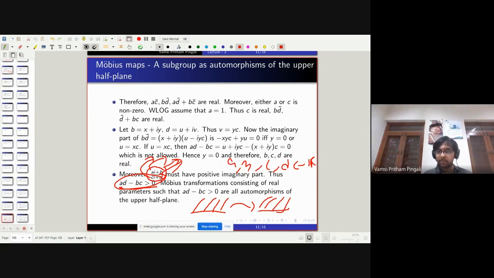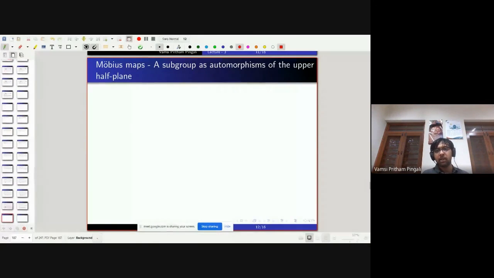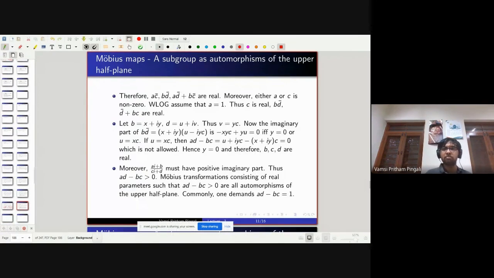Not all Mobius maps do the job, precisely these ones do. In fact, some people demand that AD minus BC be equal to 1. A, B, C, D are real and AD minus BC equals 1. Maybe I'll just stop at this point.